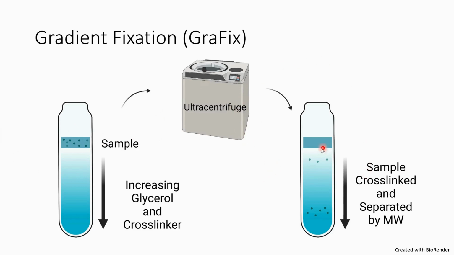And then when you take out your sample, you can fractionate it, and the sample has been cross-linked and separated by molecular weight. So this was a way to essentially assess the oligomeric state within a higher concentration sample, but now they've been separated out into these fractions where they're at lower concentration that I can then use mass photometry with.